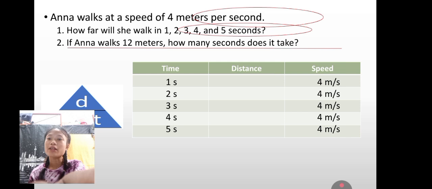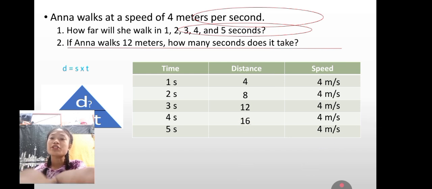So, distance atong gipangita, atong i-times ang time sa speed. 1 times 4 is 4. 2 times 4 is 8. 3 times 4 is equals to 12. 4 times 4 is equals to 16. 5 times 4 is equals to 20.